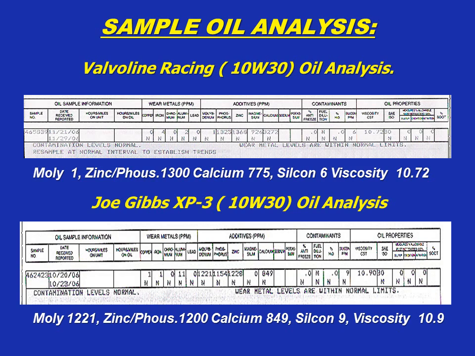Both of them had a pretty good viscosity rating, but Valvoline chose not to use any moly, and they had a sufficient amount of zinc and about the same amount of calcium. So the label really doesn't tell you what's going on.